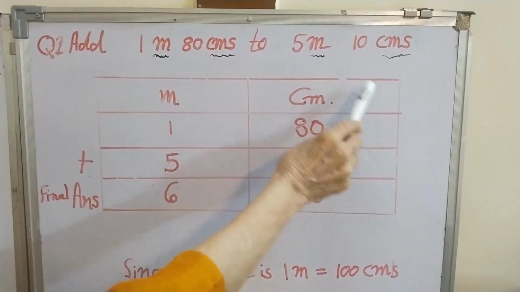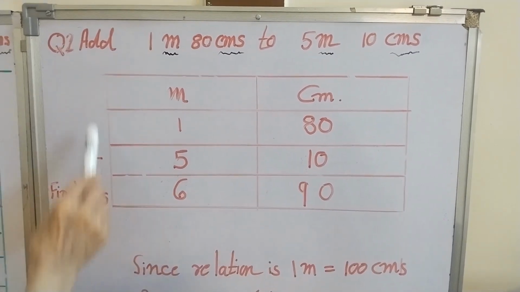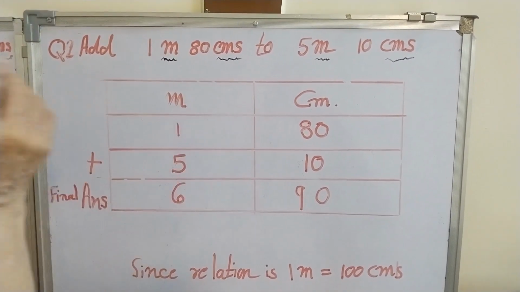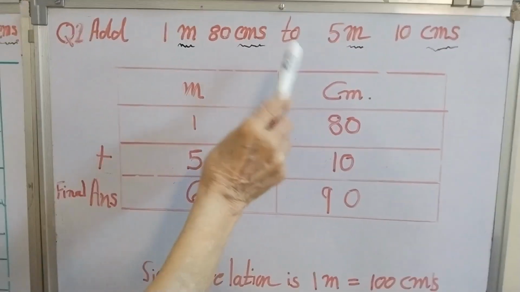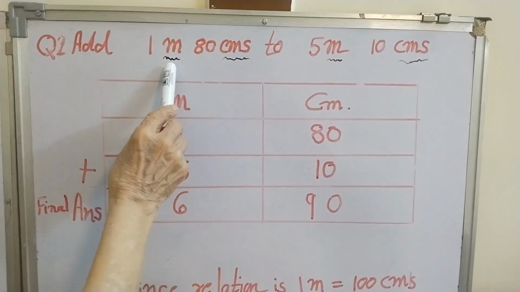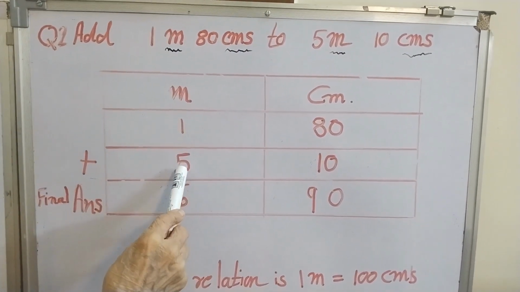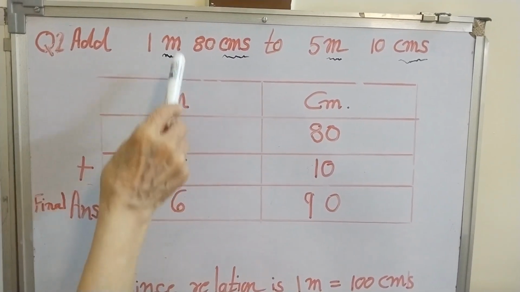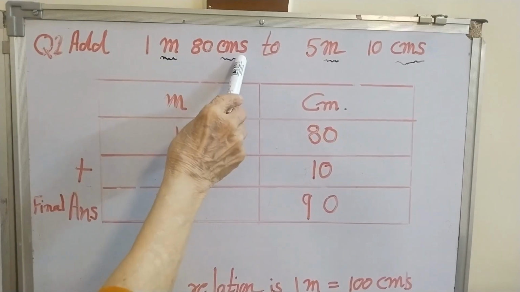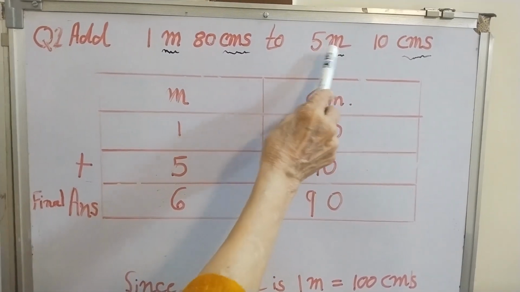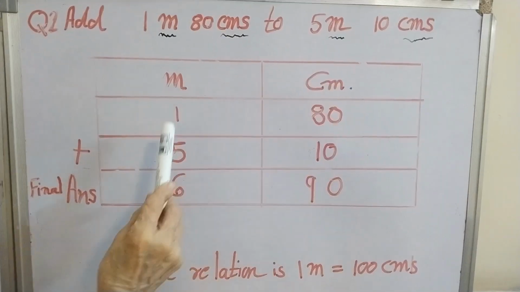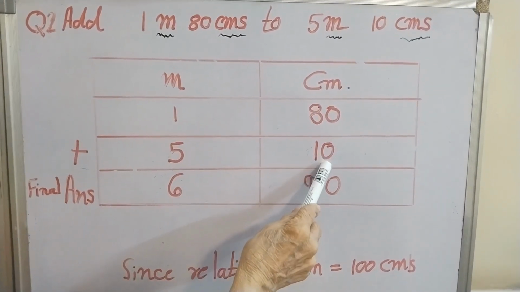So hence we have to make a table just as in the previous case, meter, centimeter. And whatever they have given as data, we will have to enter it. So 1 meter 80 centimeters, 5 meters 10 centimeters.